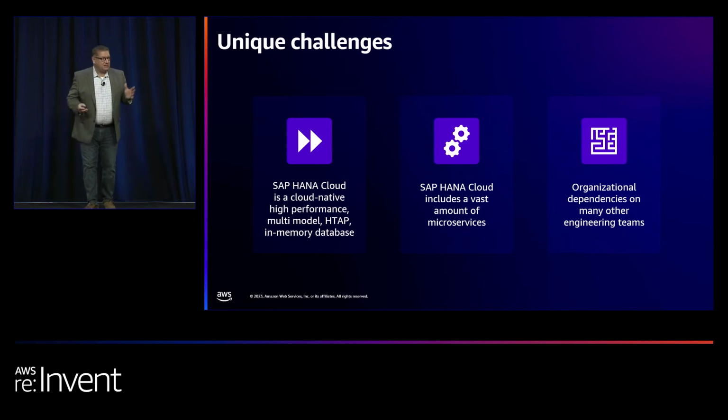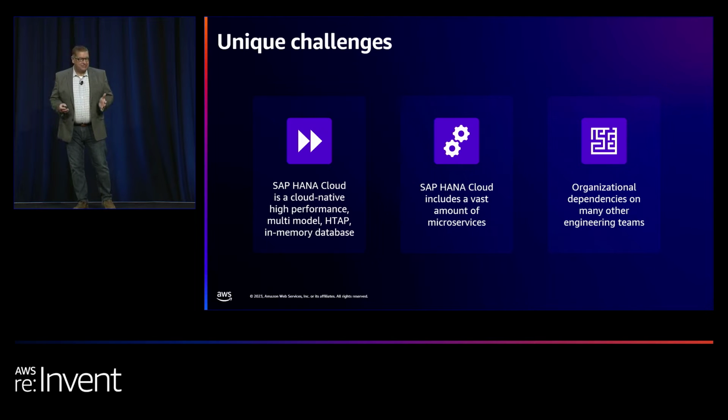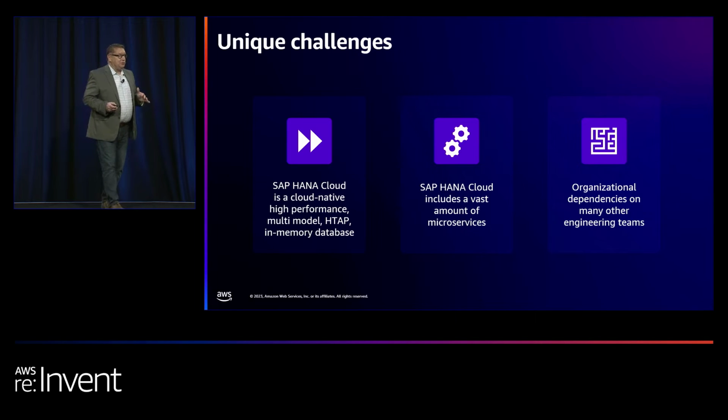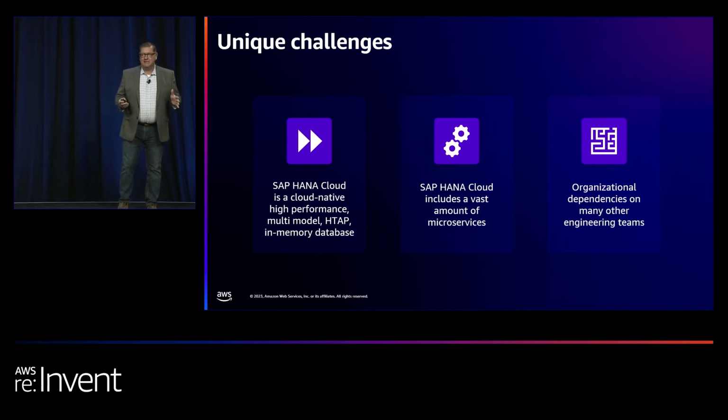First is, as Stefan mentioned, HANA Cloud is a fully managed, cloud-native, multi-tier, multi-cloud database as a service, right? It's very high-performing, does transactions and analytics, and to be even more precise, it is the de facto database as a service for SAP applications and services.